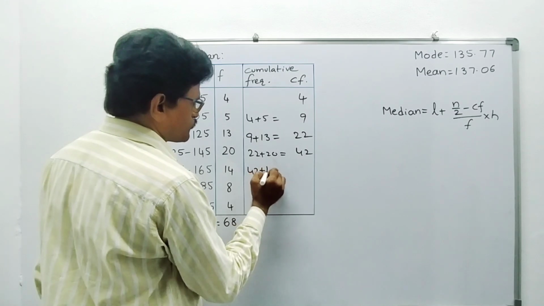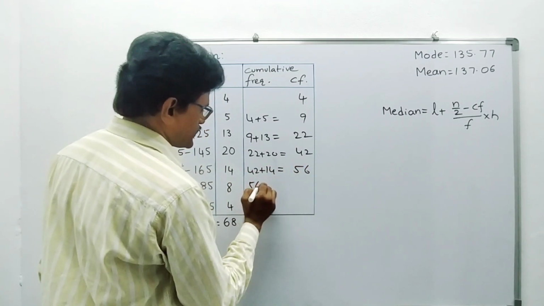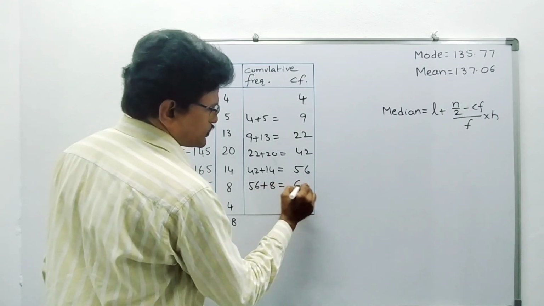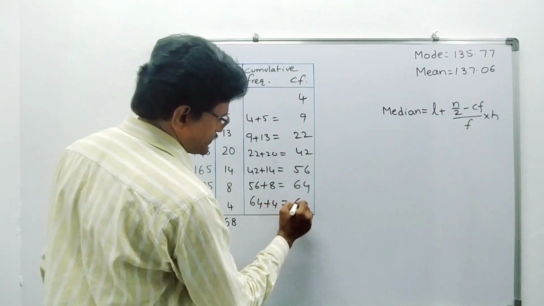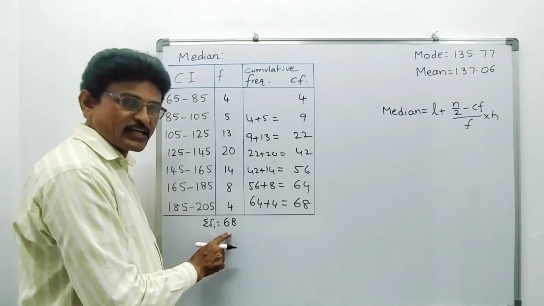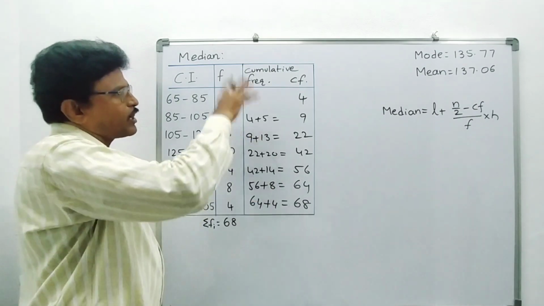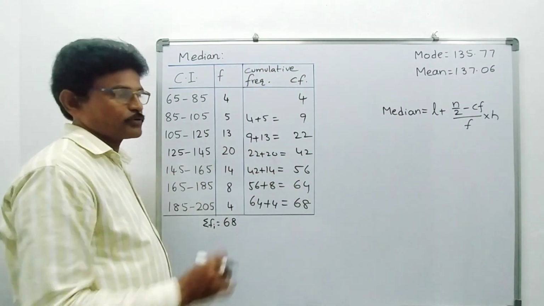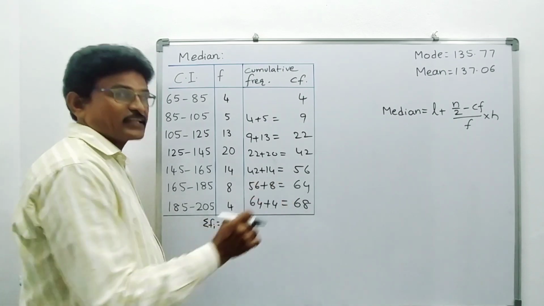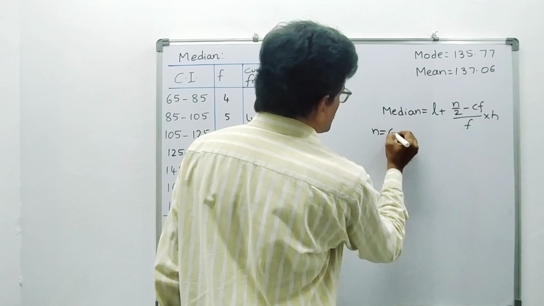Now 42 plus 14, that is 56. 56 plus 8, 64. 64 plus finally 4, 68. See, the total frequency is 68. We are also getting the same 68. From bottom to top also you will get the same number 68 here. Right? This is the cumulative frequency. Students, that is nothing but N. So here, how much are we getting? N equals 68.